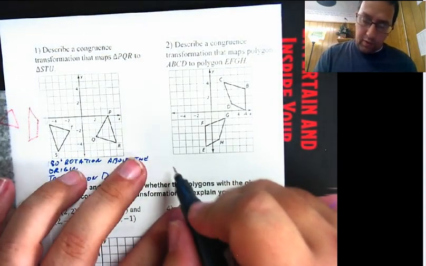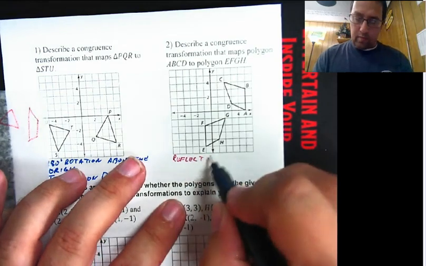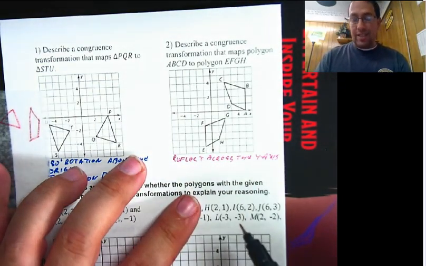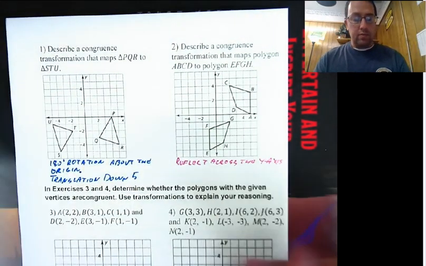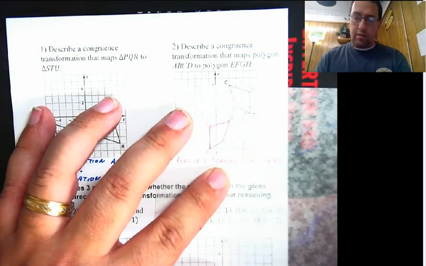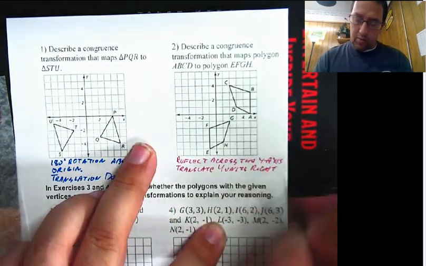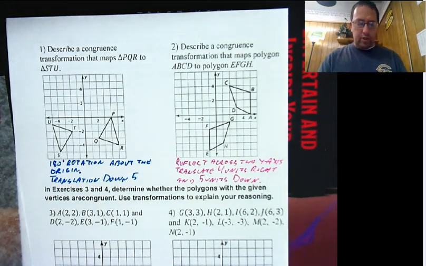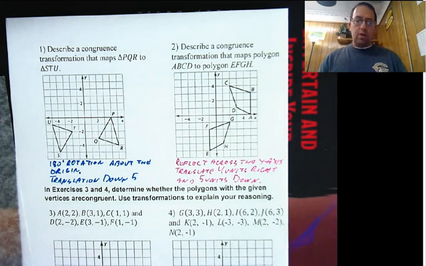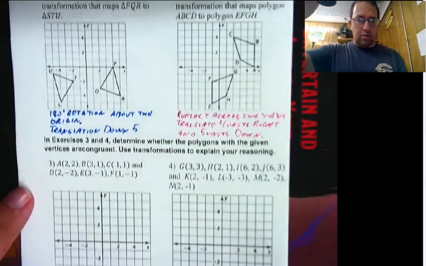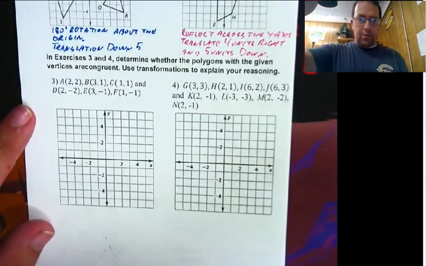So first we had a reflection over the y-axis, and then we translated it 4 units right, 5 units down. And so that describes our congruence transformation, the composition of rigid motions that gets us from one shape to the other shape.